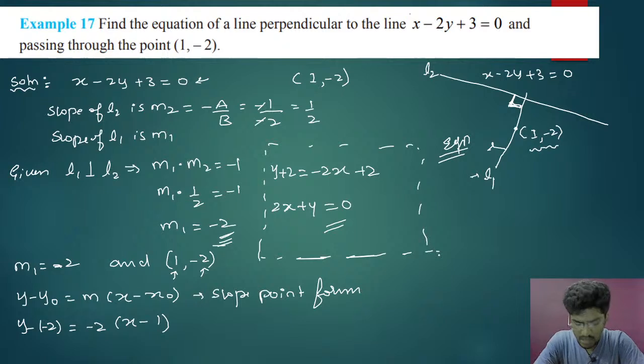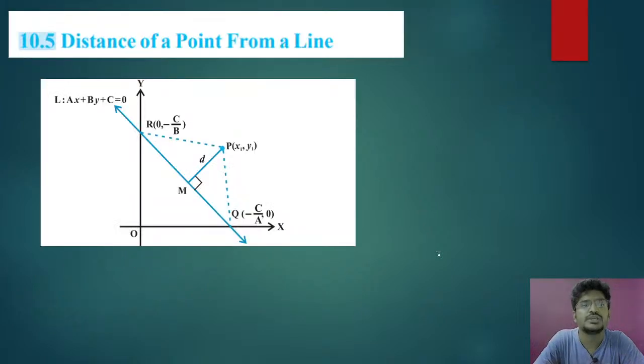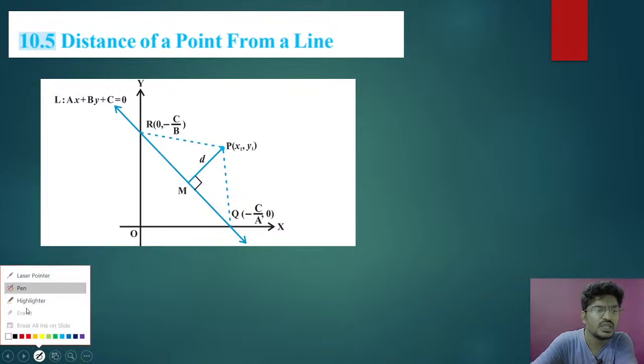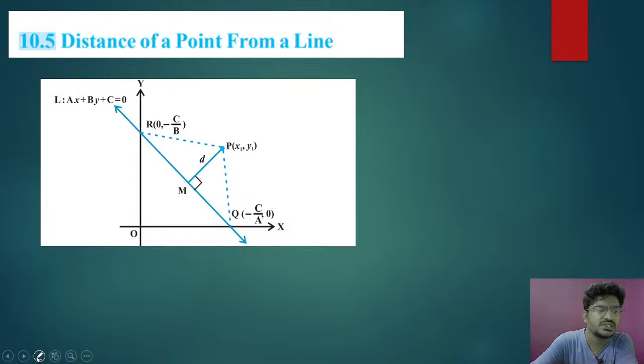Now let us go to the next concept. Directly we shall see the formula for the distance of a point from a line. Here they have given one point, that is x1 y1, and we have to find the distance of this point from the line.